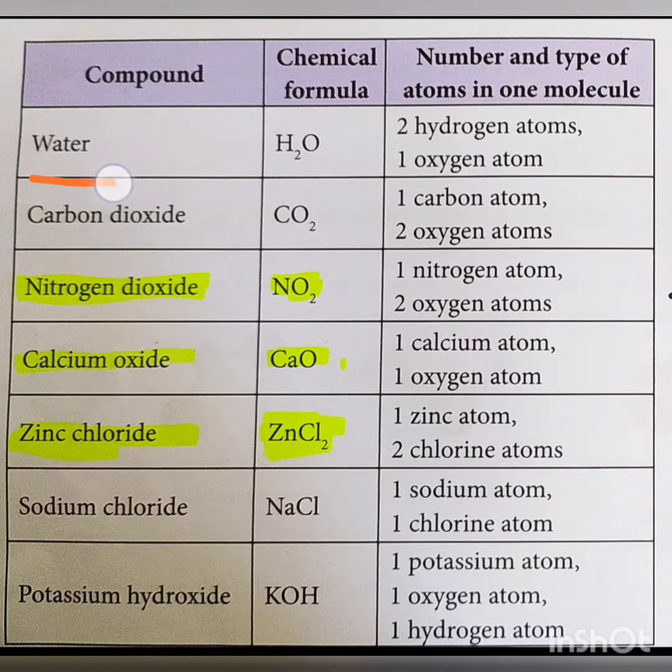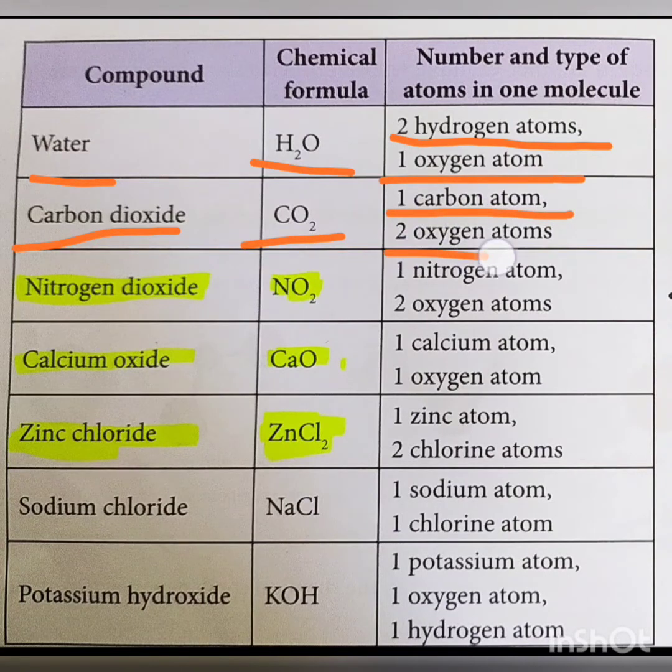Water, the chemical formula is H2O. Water contains two atoms of hydrogen and one atom of oxygen. Carbon dioxide, chemical formula CO2. One carbon atom is present and two oxygen atoms. From the chemical formula only we can come to know which elements are present and the number of its atoms.